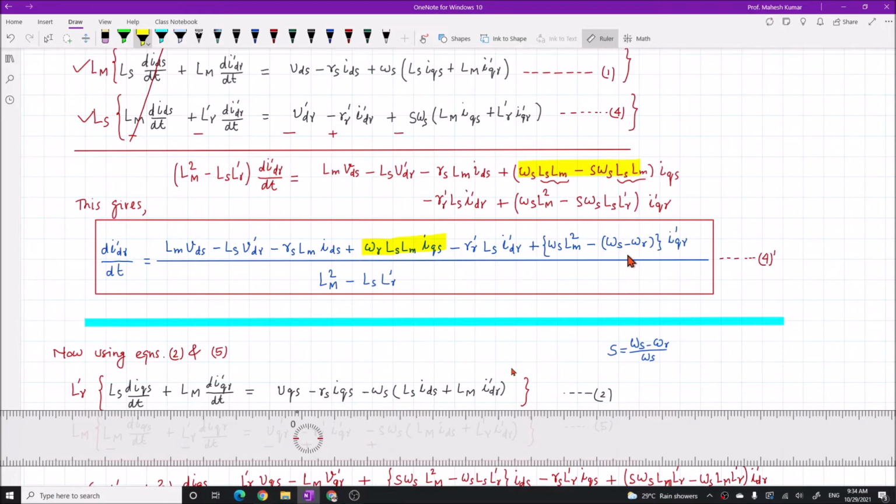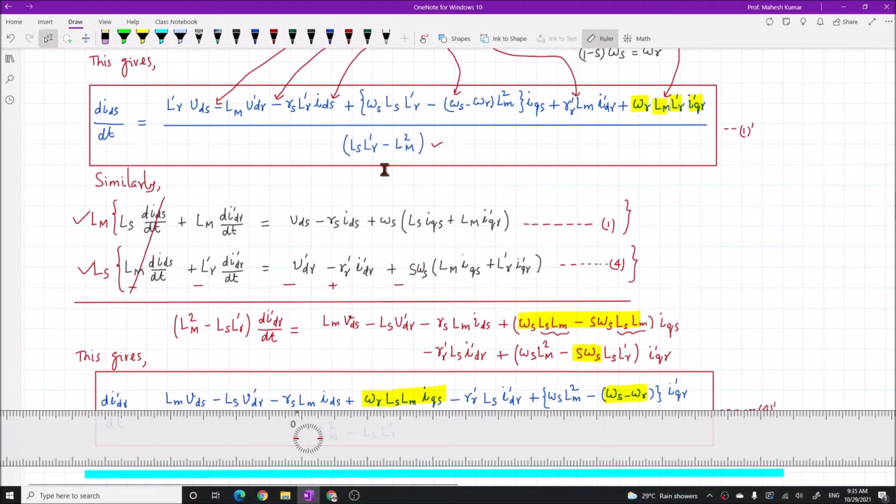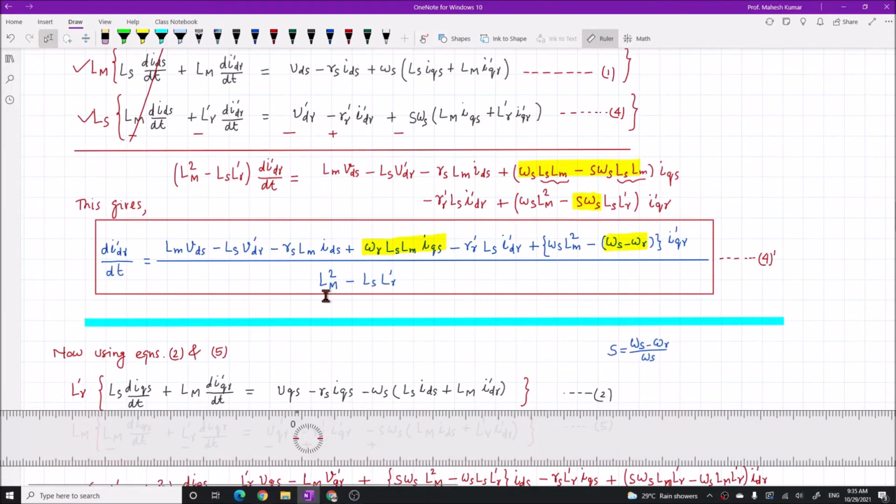There is one more simplification, that S omega S has been written as omega S minus omega R. The simplification is the same as we have done earlier. The only difference is that in the denominator it is LS LR' minus LM², whereas here the denominator is LM² minus LS LR'.